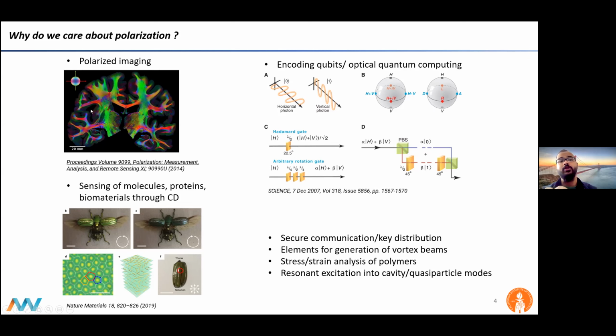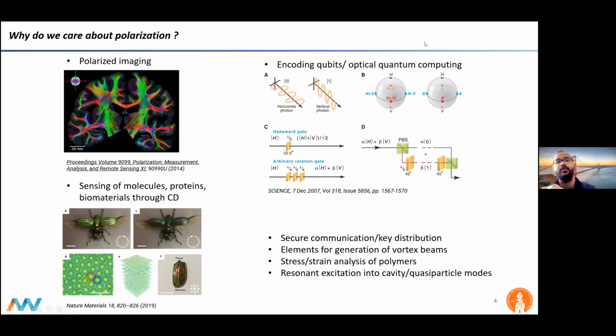This is much more rich in information than just an intensity mapping. You can also do dichroism sensing in molecules, proteins, and biomaterials. In this case, this group explored domains of polarization boundaries in an insect's wings, and they were able to do that by measuring the dichroism of the reflected light in the terahertz frequency.